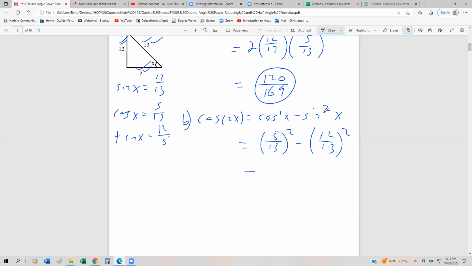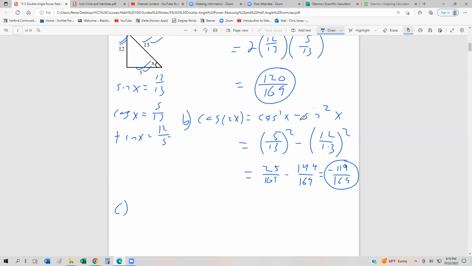And if I square that out, that's going to be 25 over 169 minus 144 over 169, right? And 25 minus 144 is going to give me negative 119 divided by 169, all right? So that's all we have to do with that. Okay, not meant to be too tough. The other way, we'd have to get a common denominator, okay, and it might be a little bit messier.